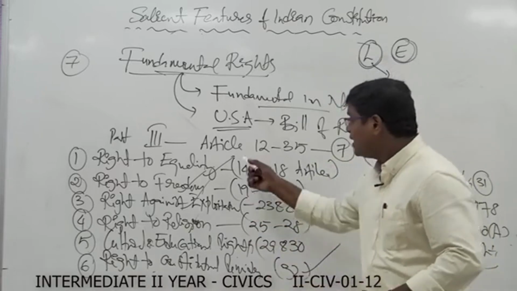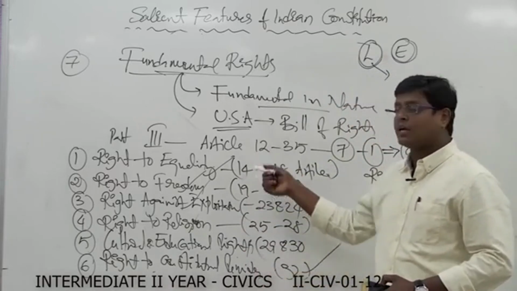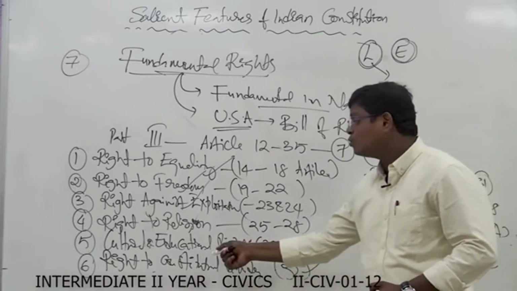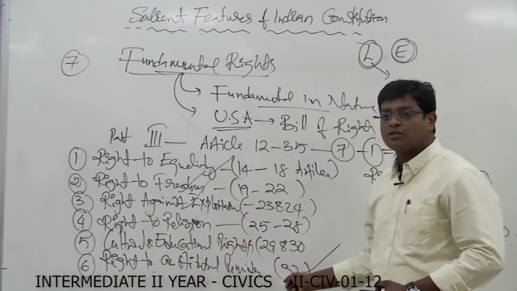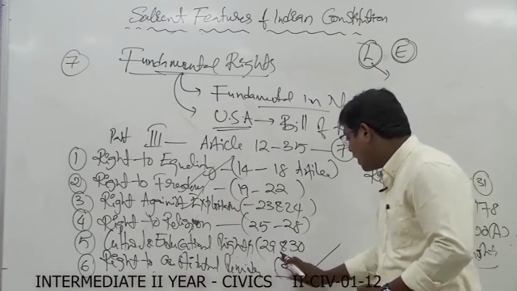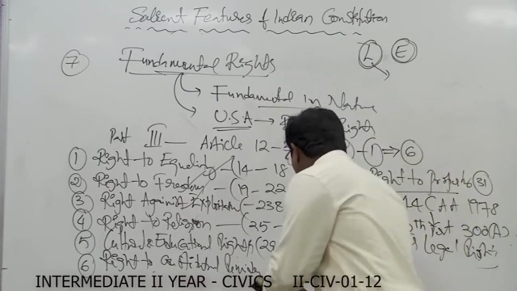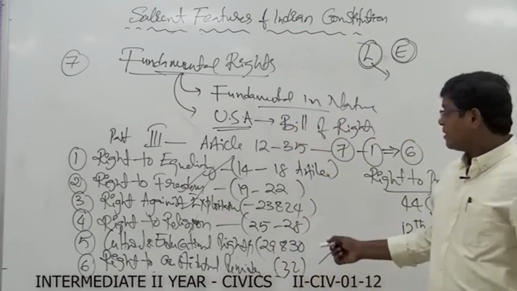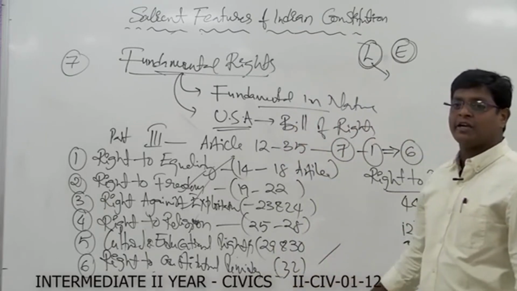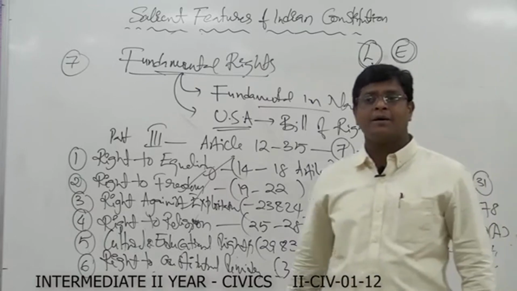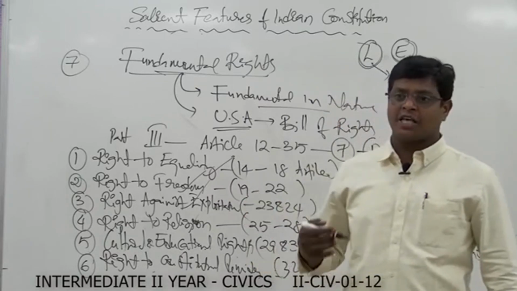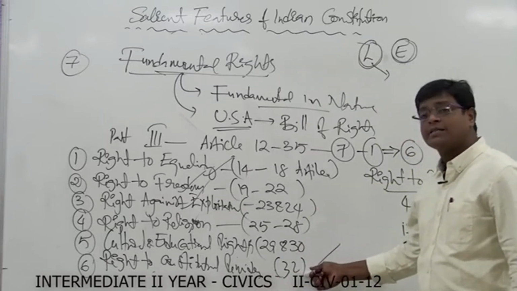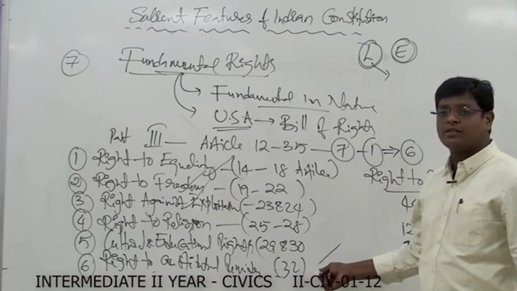If there is any violation of our fundamental rights, we have the right to approach the Supreme Court under Article 32. The Supreme Court issues writs such as habeas corpus, mandamus, certiorari, quo warranto. These are the 5 writs we will discuss later in the fundamental rights chapter.